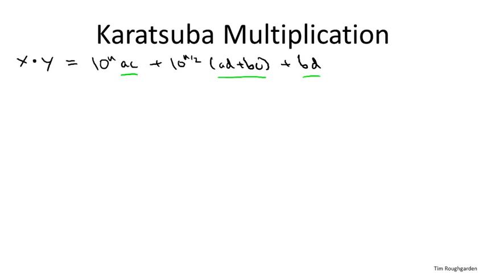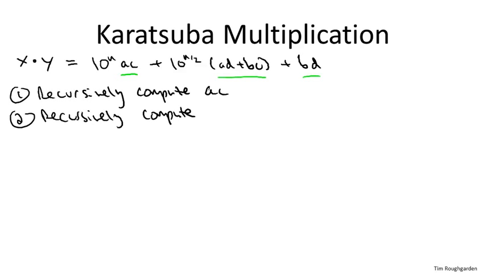So that motivates the question, perhaps we can somehow uncover these three different quantities using only three recursive calls rather than four. And in fact, we can, and that's Karatsuba multiplication. To be more specific, our first two recursive calls are shared with the previous recursive algorithm. We go ahead and compute AC and BD recursively.